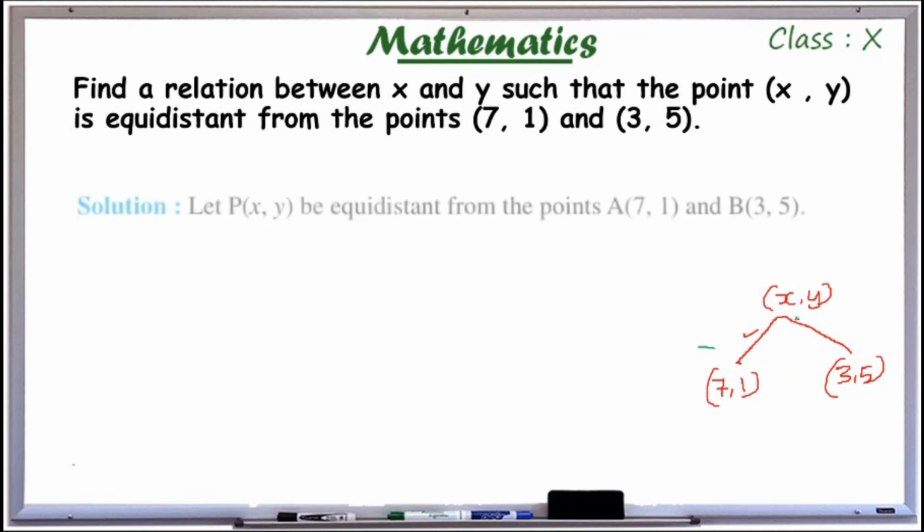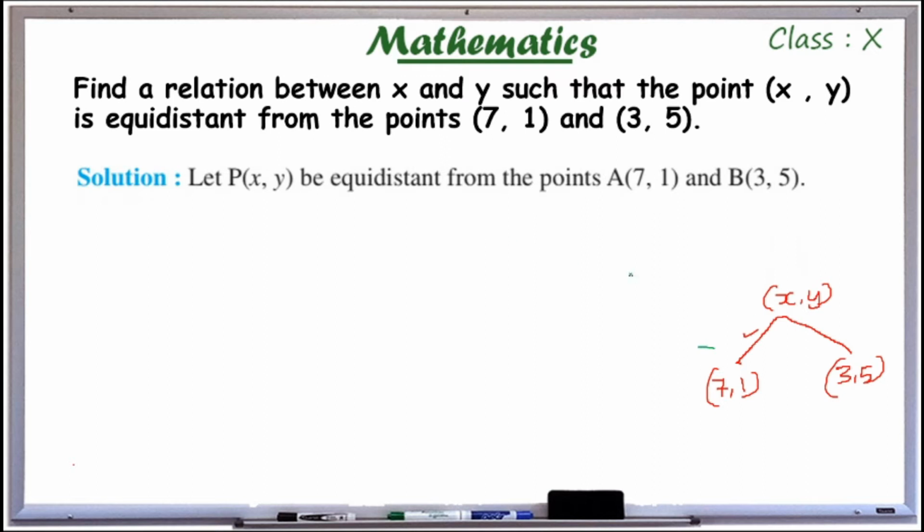So I can write that P is equal to (x, y), equidistant from (7, 1) and (3, 5). So we are given names, and I can say that by the distance formula, the distance between (7, 1) and (x, y) is the square root of (7 minus x) all square plus (1 minus y) all square.